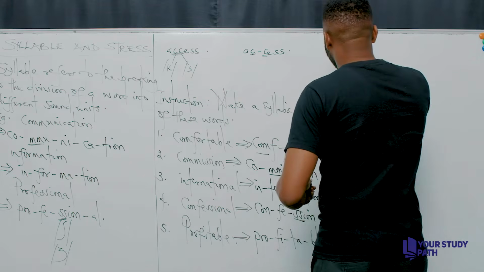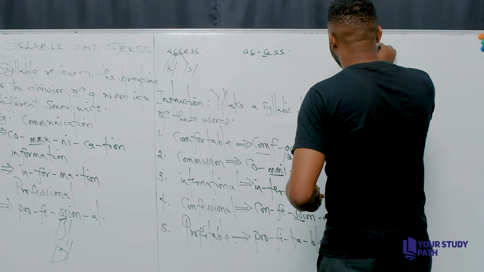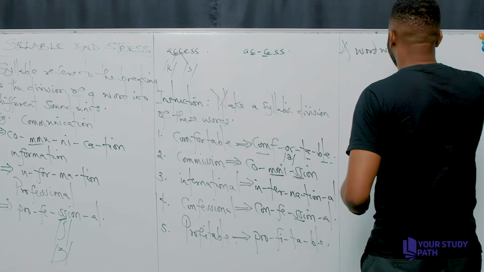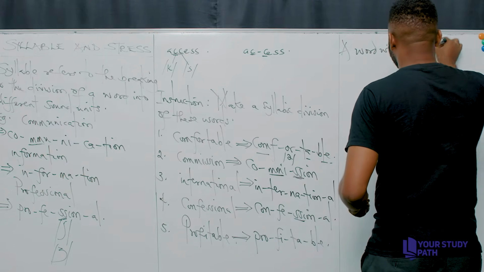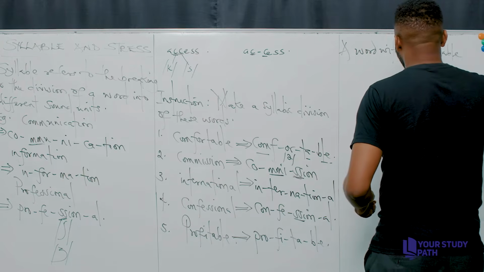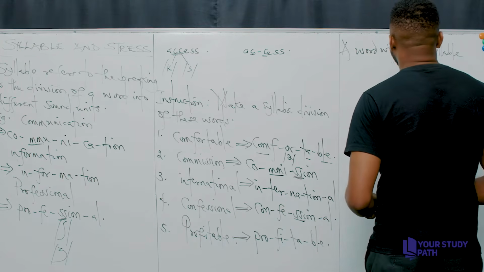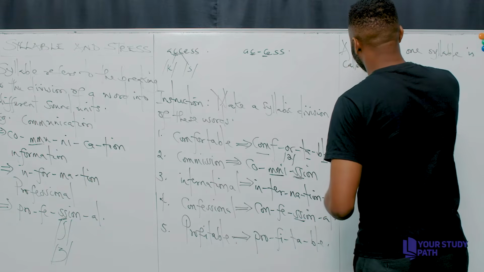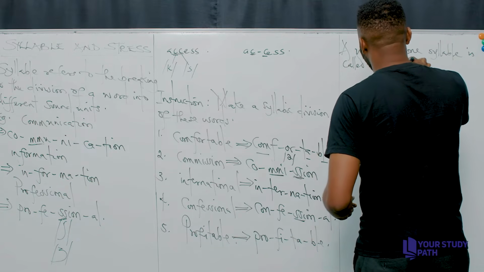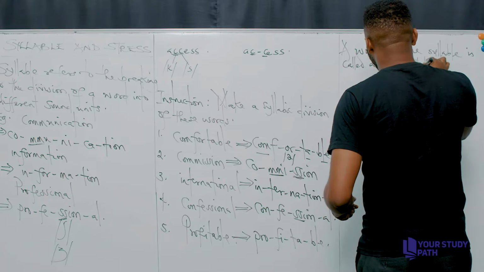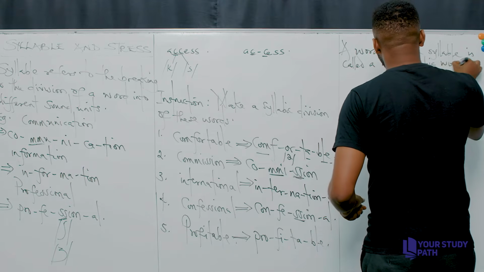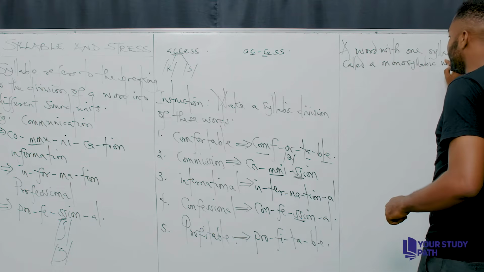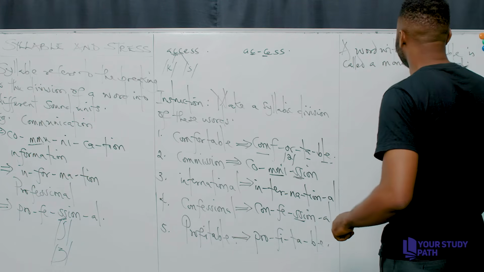So a word with 1 syllable is called a monosyllabic word.